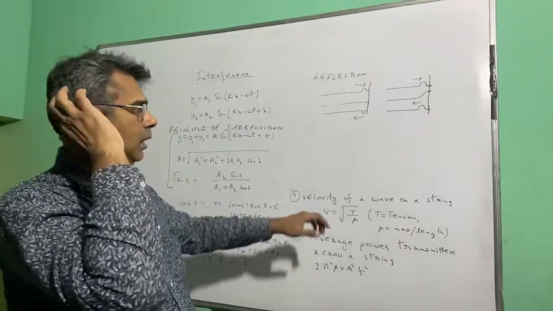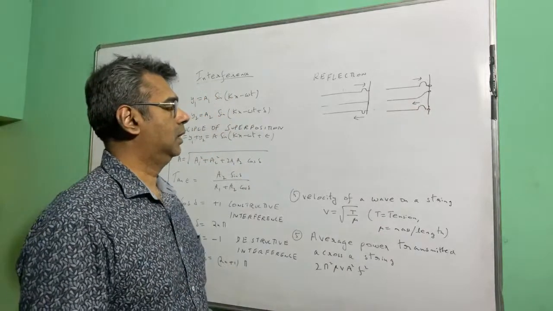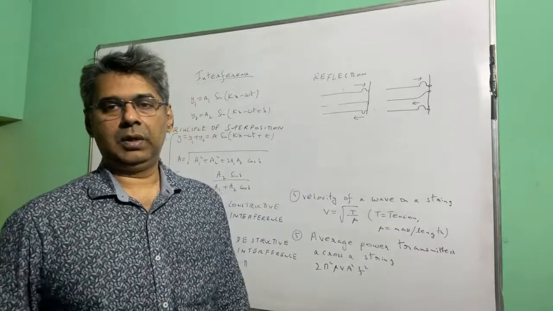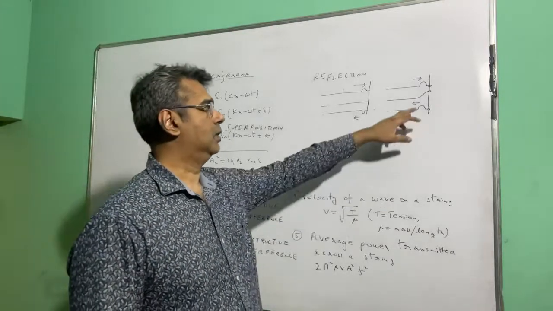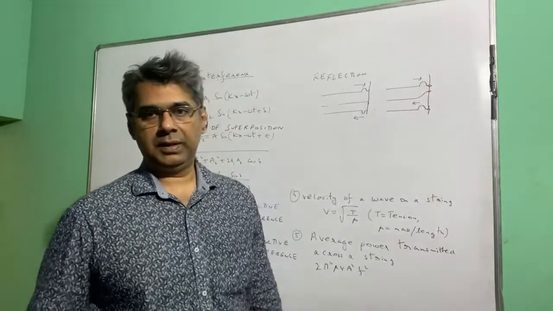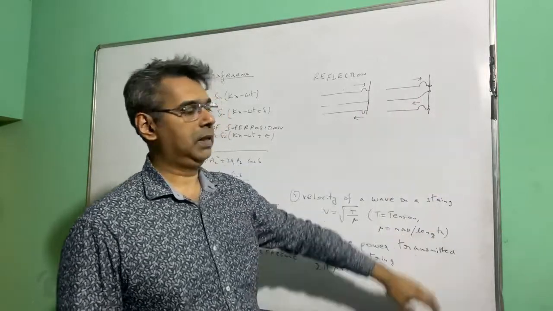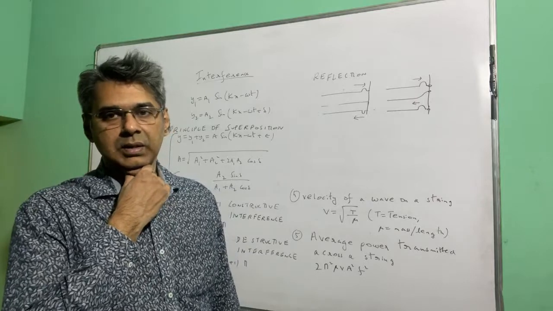Okay, now this is the incident pulse, this is the reflected pulse. If you have, instead of a wall, a wire on which a ring can slide freely up and down. So this is a wire, and on this wire this ring can freely slide up and down. In that case, the incident pulse and reflected pulse will be identical, they will not be inverted with respect to each other.